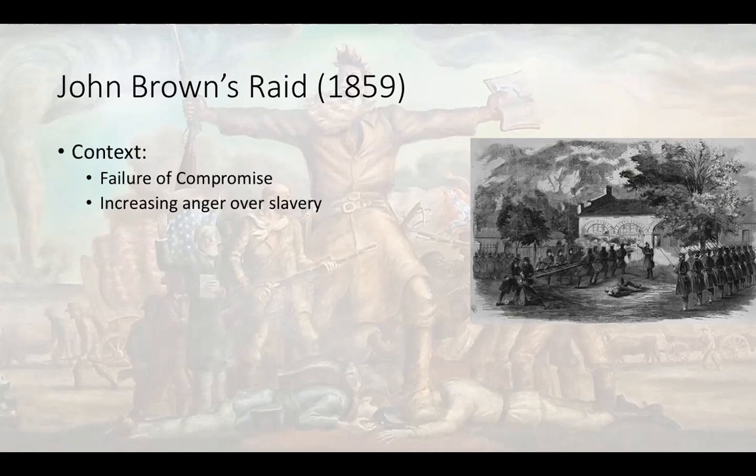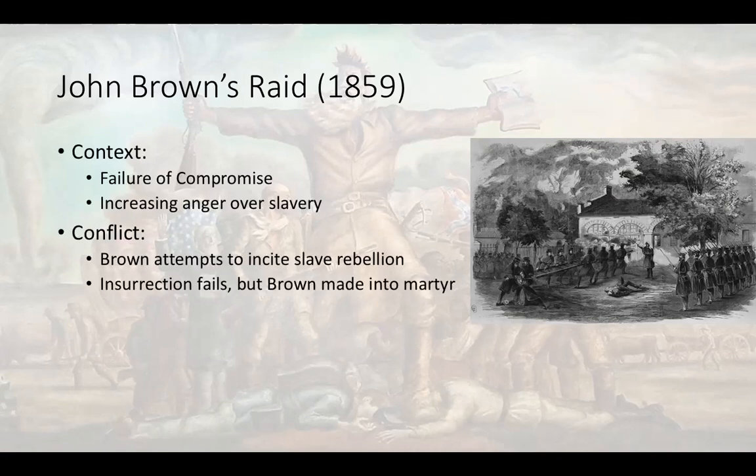Now, unfortunately for him, the slaves don't ever show up, and he's captured and hung and sort of turned into a martyr for the North. It goes to show that the South will kill anybody who is anti-slavery, even though John Brown was trying to incite an insurrection. Nevertheless, heroic to incite an insurrection for what he was fighting against.